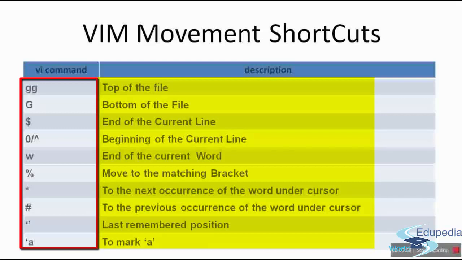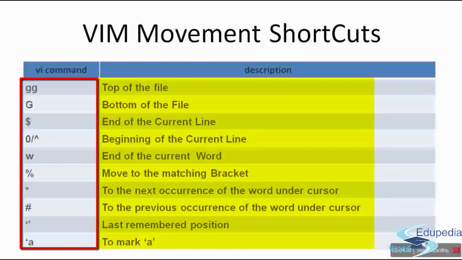When you are at one bracket, it might be the opening bracket or the closing bracket, when you place your cursor at that particular bracket and you press percentage, which is shift and the number 5 key, it will take you to the next matching bracket. So if you are at the closing bracket, it will take you to the corresponding opening bracket, and if you are at the opening bracket, it will take you to the corresponding closing bracket.